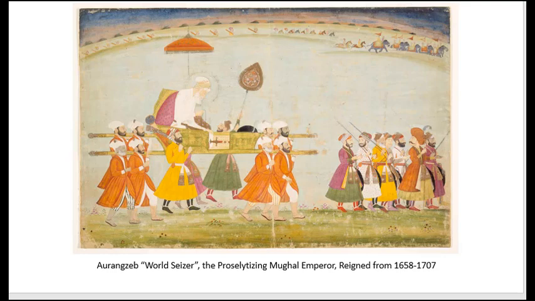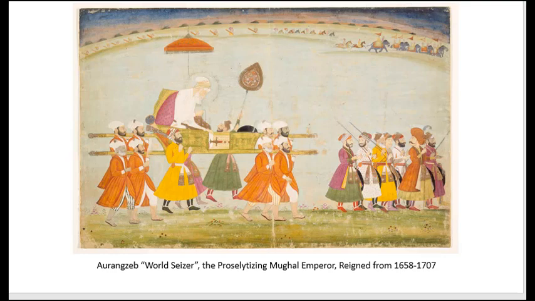Aurangzeb, known as World Caesar, who was a proselytizing Mughal emperor who reigned from 1658 to 1707, did try to forcibly convert millions of Indians to the Islamic faith, and in the process alienated much of the Hindu aristocracy, the Hindu Brahmin class and Kshatriya class, castes that the Mughals had always used to rule over India.